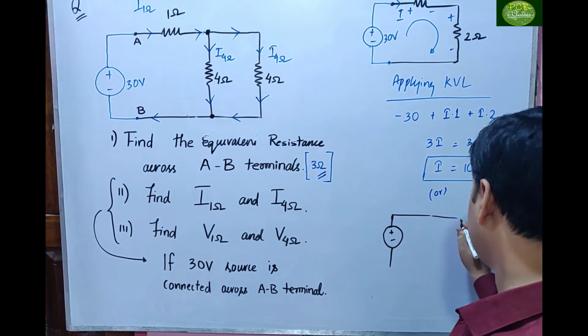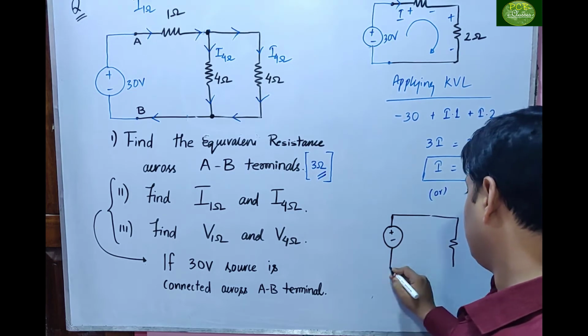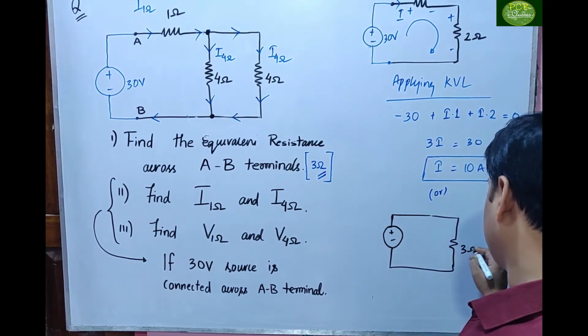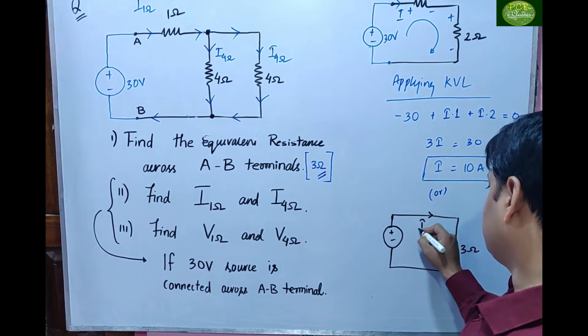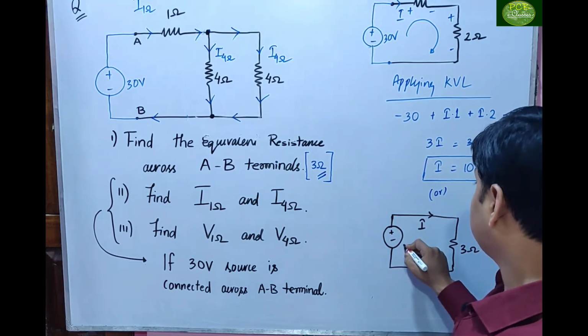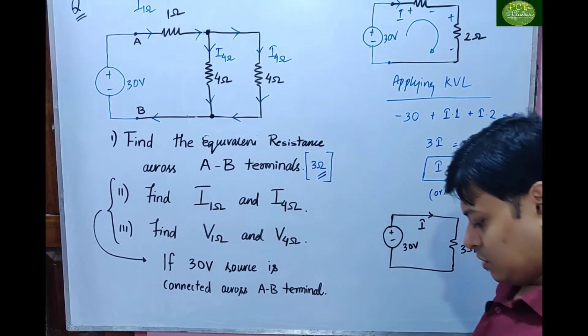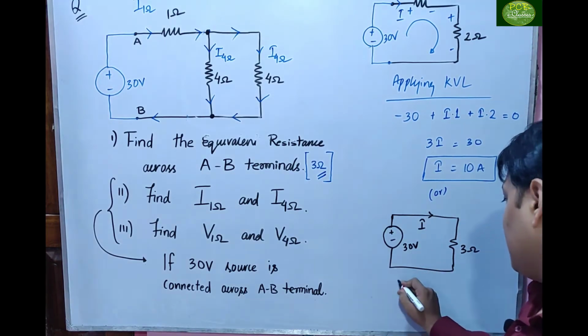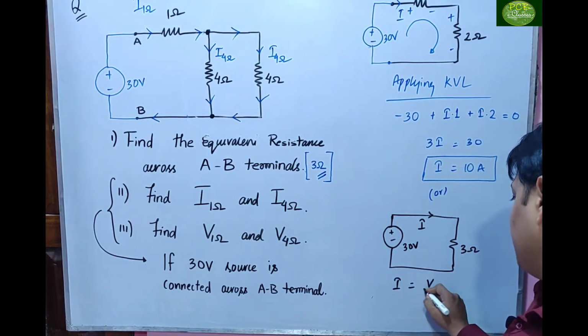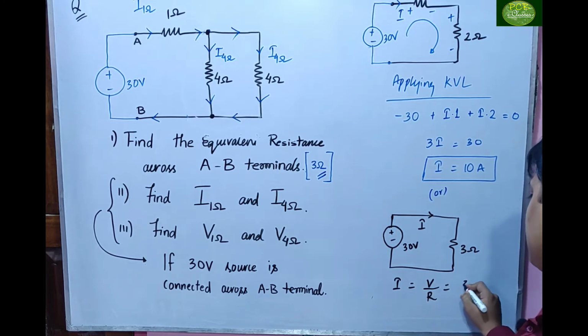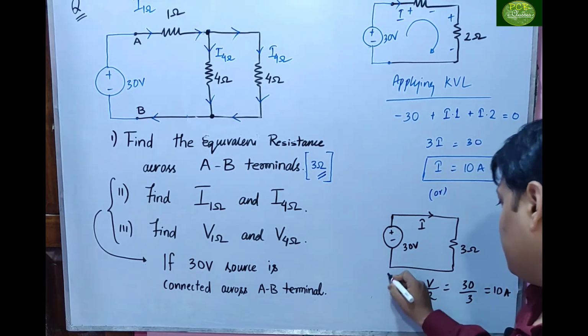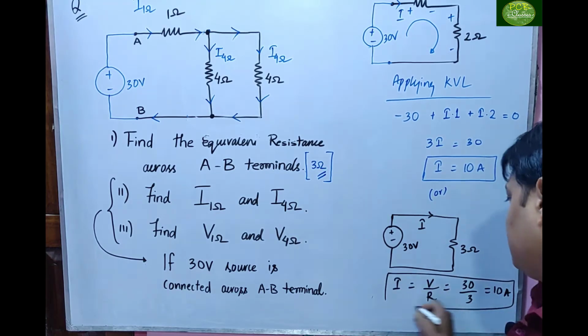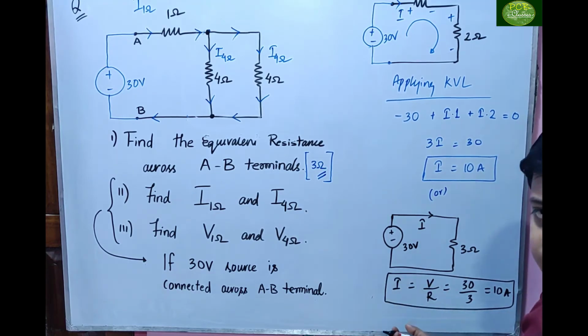So what I will write on this one? 3 ohm, and this is current I. This is 30 volt. So if the 30 volt it is written, then I will be equals to V by R. So that is 30 by 3, 10 ampere. Here also basically you are using the KVL equation only.